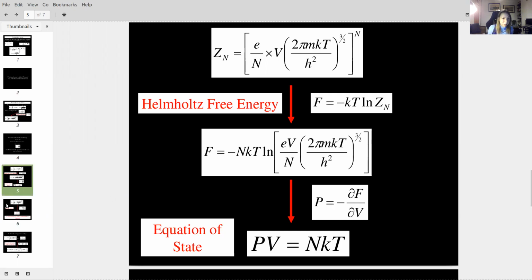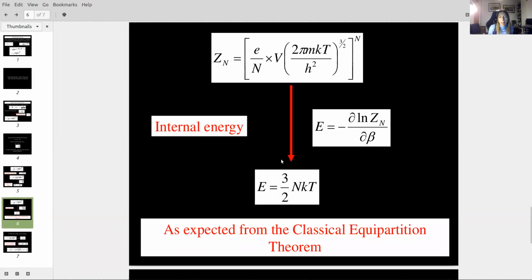So the next thing we want to do is get the internal energy. We're going to use this expression, E equals minus d log Z by d beta, and our partition function to calculate the internal energy.